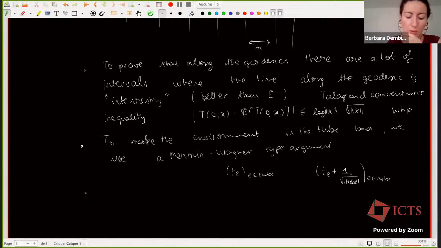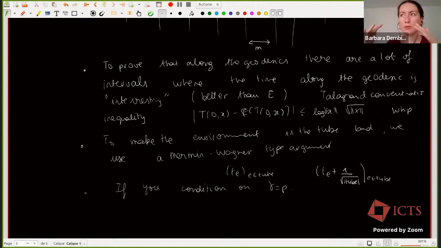And for that, we also use the fact that if you condition on the geodesic gamma equal P, then all the weights outside P stochastically dominate i.i.d. weights. And this is just by FKG.